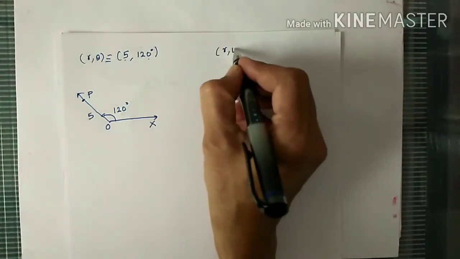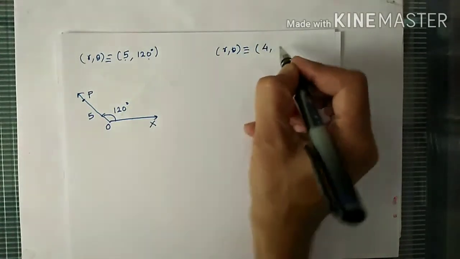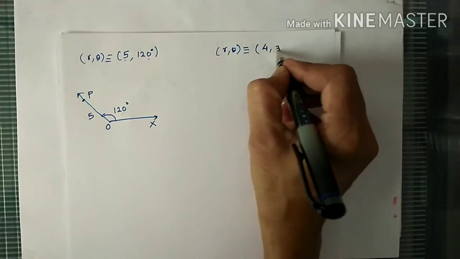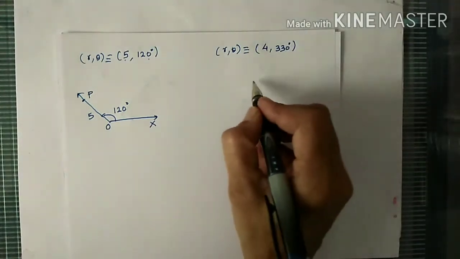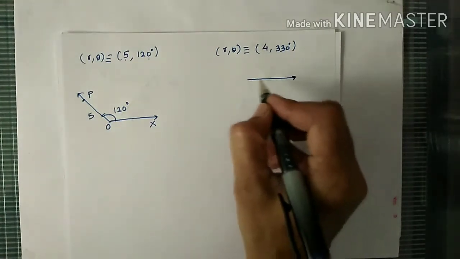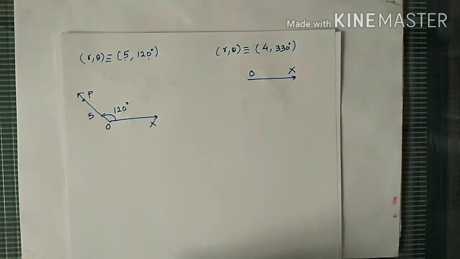Let's take r, theta as say 4 and 330 degrees. Okay. So again let's start with our polar axis OX. Now we have to rotate this OX through 330 degrees.